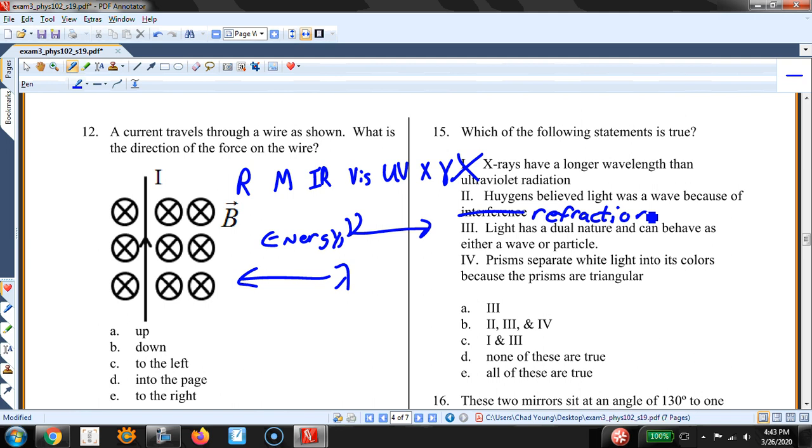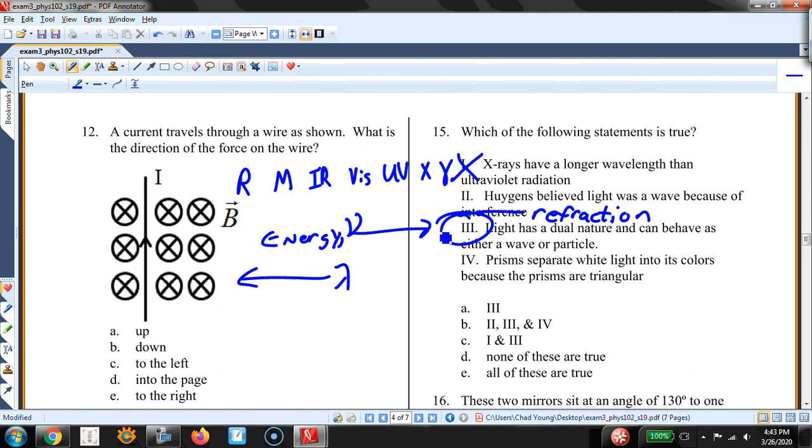Behaved absolutely like a particle. But Young had excellent evidence that light behaved as a wave. So, in quantum mechanics, we have this idea that there is this dual nature of light, this duality of light, where light can behave as a particle in some cases, and it behaves as a wave in other cases. So number 3 is correct.